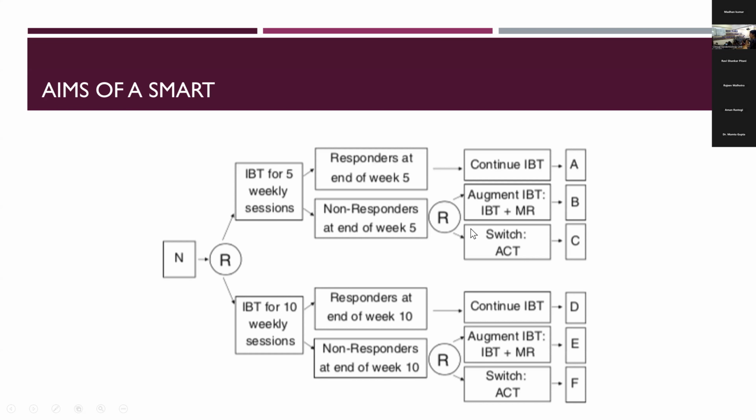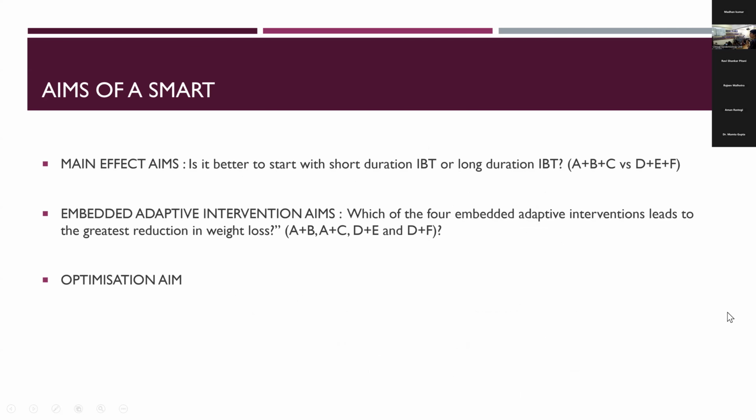For example, A plus B, or is it A plus C, or is it D plus E, or is it D plus F? Responder versus one of the non-response pathways. And then there is optimization aim. Optimization aim is to find out which subgroup, if you find a clinically significant difference, you go back and use Q regression and find out which subgroup the treatment intervention was most likely to be effective in.